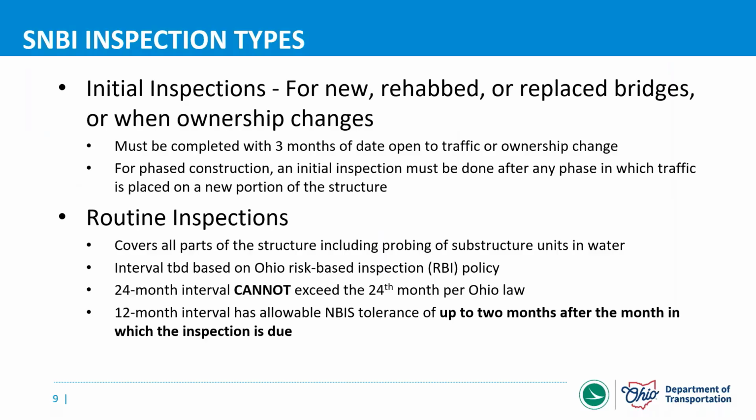So in essence, you could go to 14 months before the inspection is considered late for routine 12-month inspections. And like I said, in a few slides, we'll give an example of what that means interval-wise. But again, just remember that 24-month Ohio routine bridge inspections cannot exceed 24 months. So that's the date you're tracking, right? Especially for the 24-month routine inspections, you cannot exceed that 24th month. Really want to make sure that is clear.